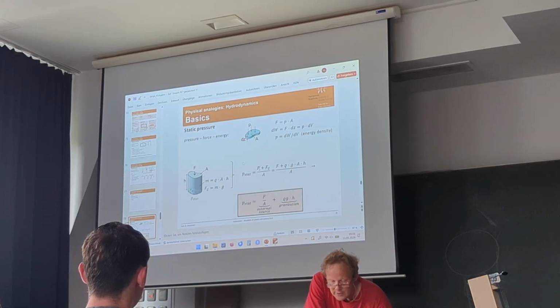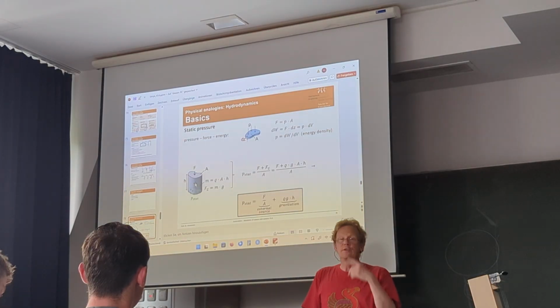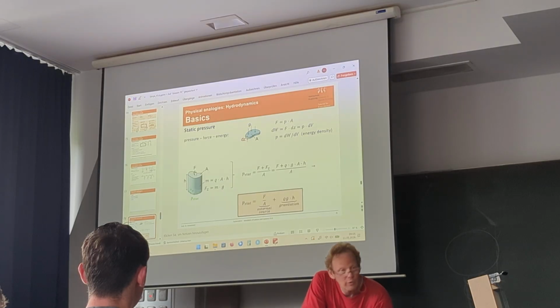And there is another term here, because in addition to just the weight, we could have an additional force, an external force, F, wherever it comes from. That would just add to the weight.